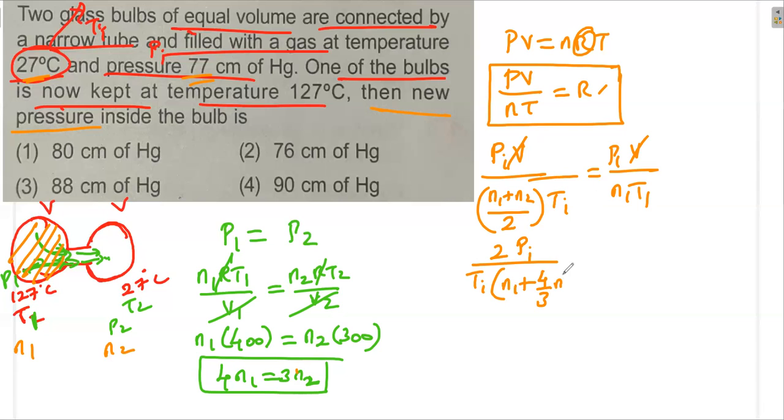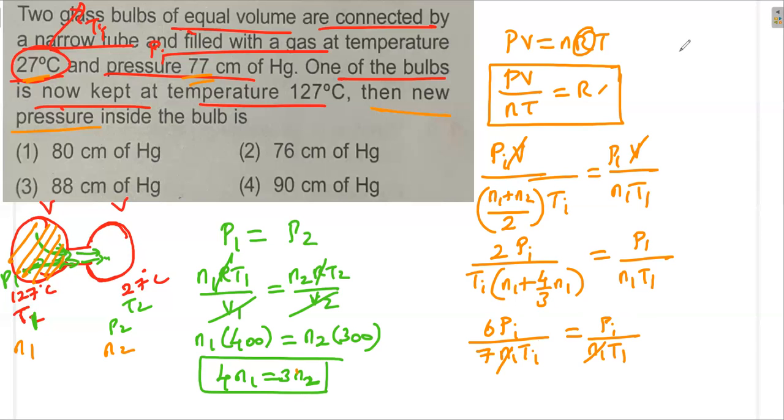This is equal to P1 by n1 T1. So n1 I can cancel off, and I'll be getting 7 by 3. So it goes to the top. So this is 6 P initial by 7 n1 T initial, equal to P1 by n1 T1. n1 cancels finally.